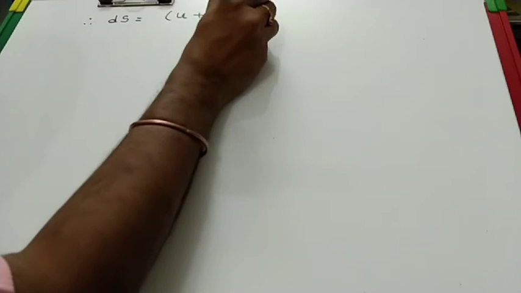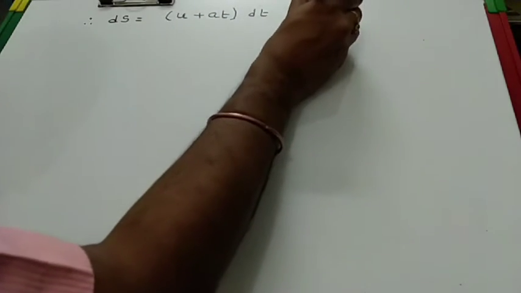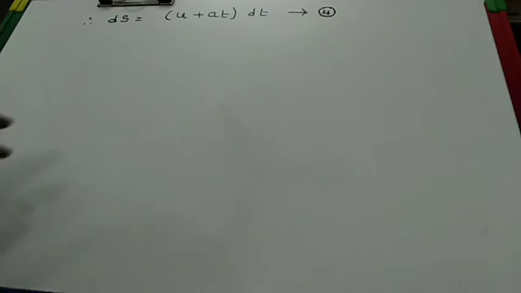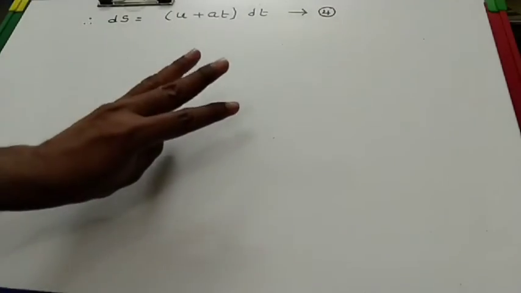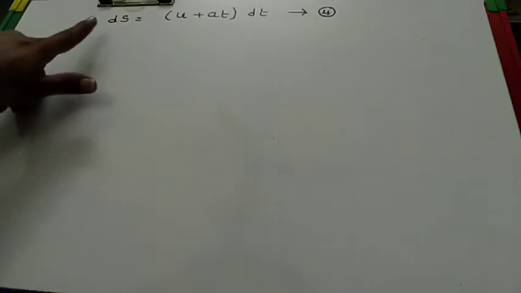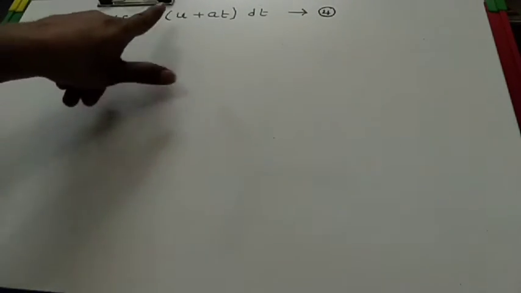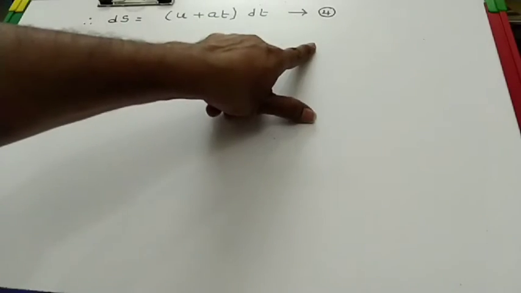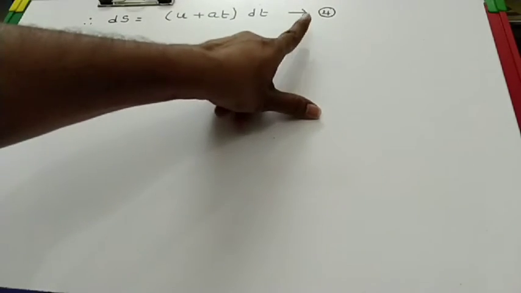Therefore, ds is equal to u plus at into dt. Consider this is equation number 4. Whenever we substitute equation number 3 in equation number 2, we will get ds is equal to u plus at into dt.